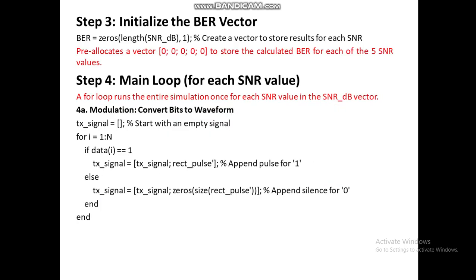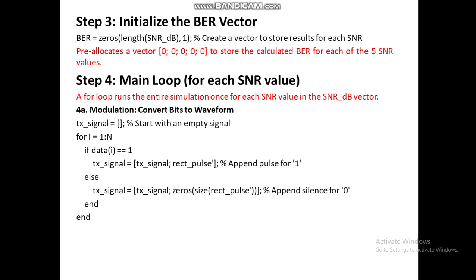Step three, we initialize the bit error rate vector, initially making all the values 0, and we have taken 5 SNR values from 0 to 20 in steps of 5: 0, 5, 10, 15 and 20.